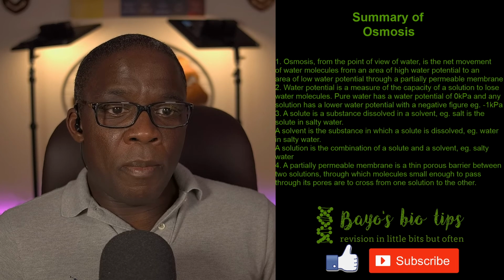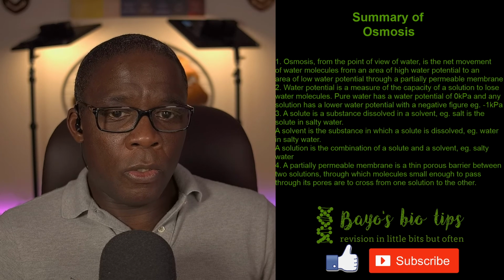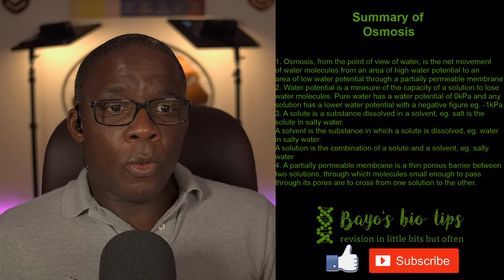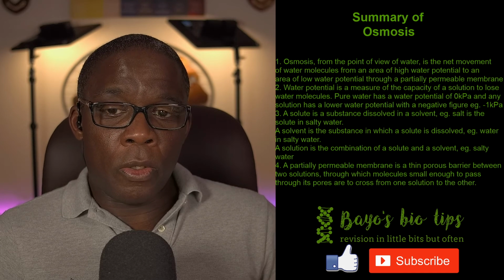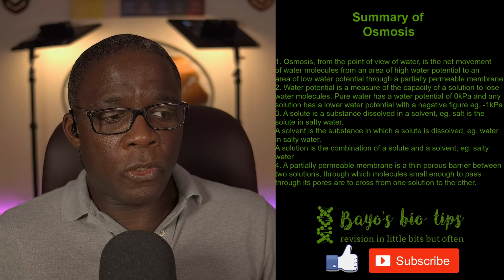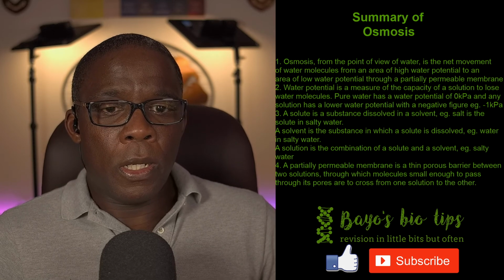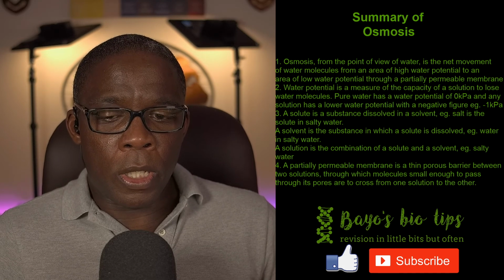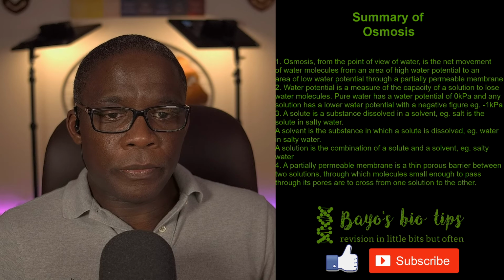Water potential is a measure of the capacity of a solution to lose water molecules. Pure water has a water potential of 0 kilopascals, but any solution that has any solutes dissolved within it will have a lower water potential than that, so they'll become more negative.